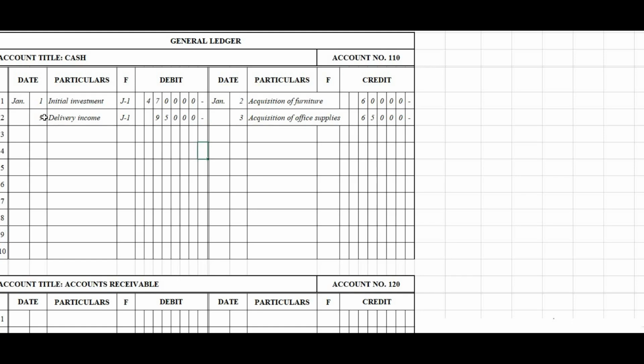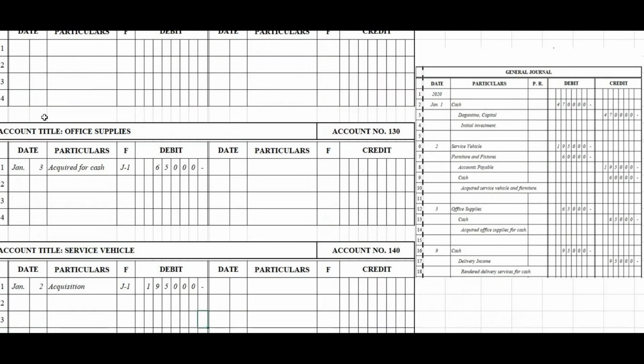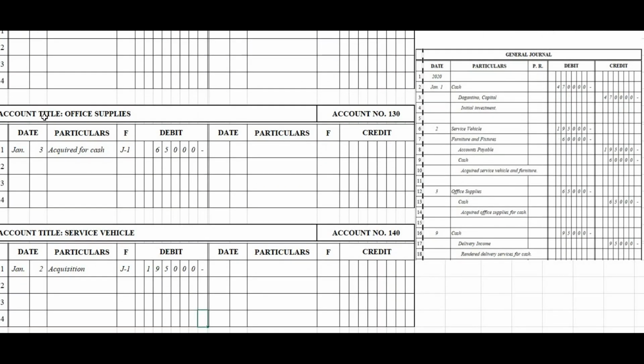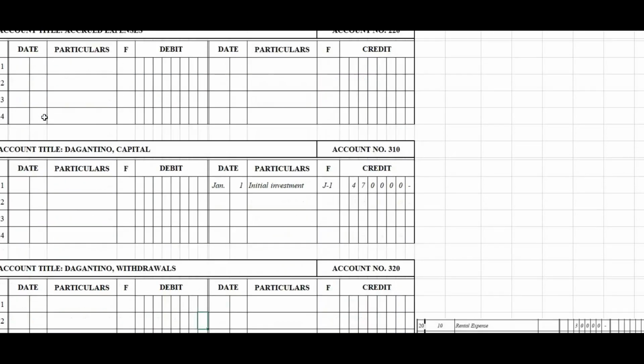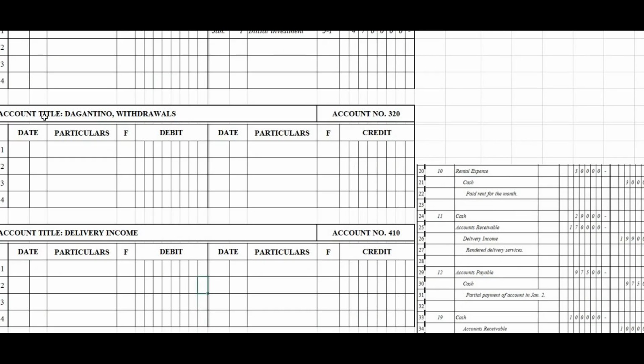And then your credit is, of course, delivery income. So hanapin lang natin, nasa baba. Ito. So that's January 9. So this is delivery income. So assuming that still page 1. So that's 95,000.